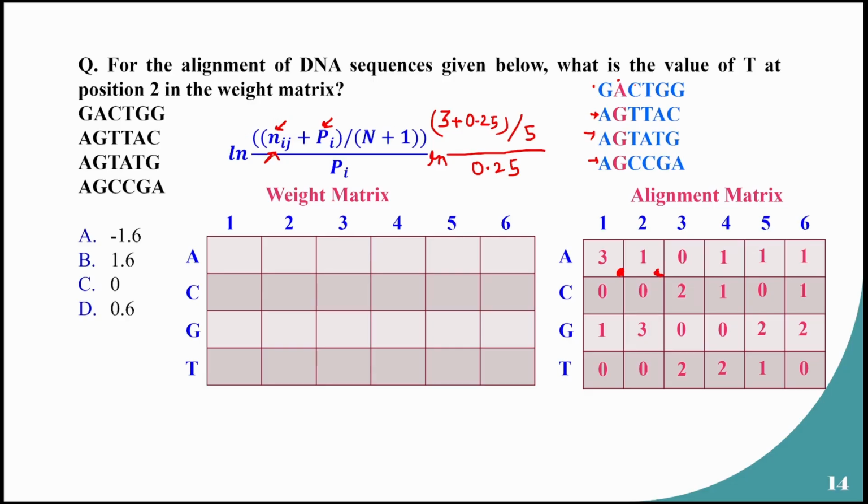So you don't need to consider that again. If it was, for example, an amino acid sequence, then that would change. That would not be 0.25. In that case, you would have to calculate 1 by 20, right? Okay, sir, understood.